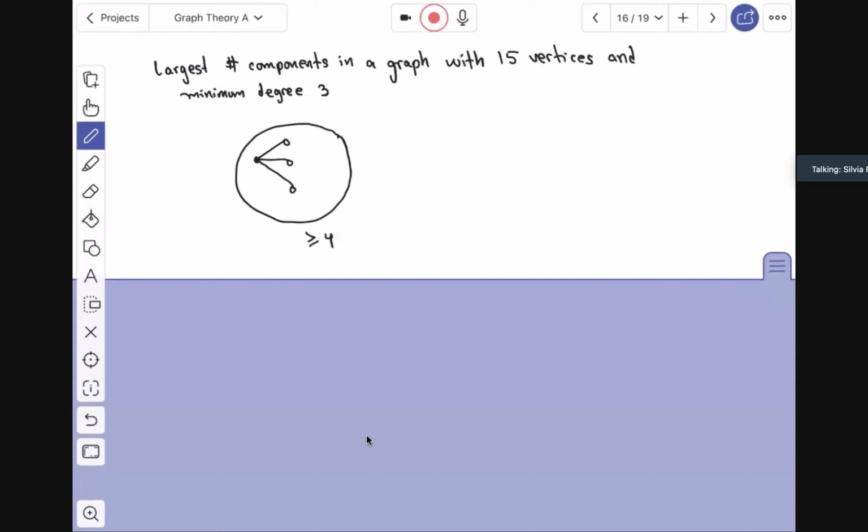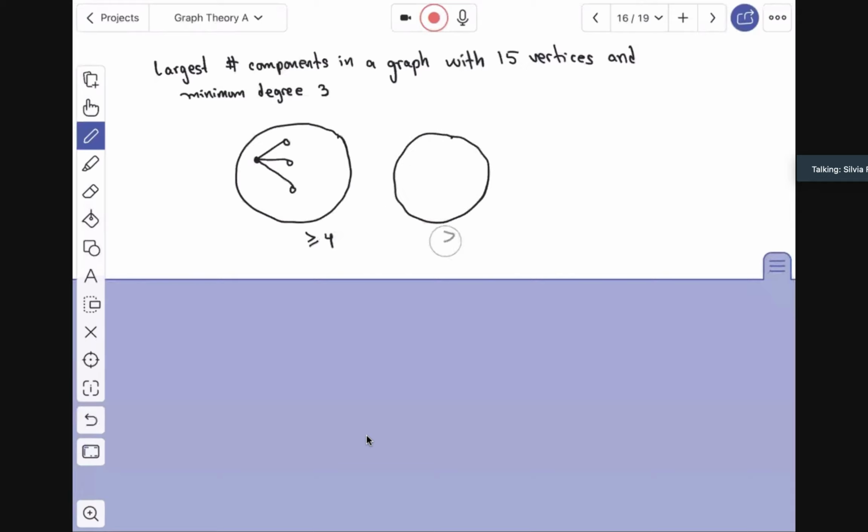So each component has at least 4. And so I want the largest number of components. So that means that if I'm lucky, I can leave it at 4. That's my best bet, right? If I want the largest number of components, I want my components as small as possible. And so if I'm lucky, I can leave that at 4.